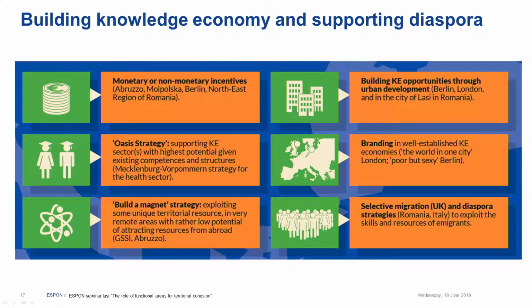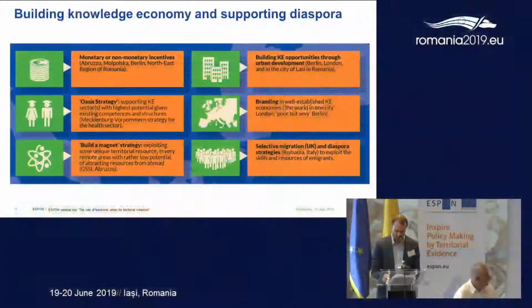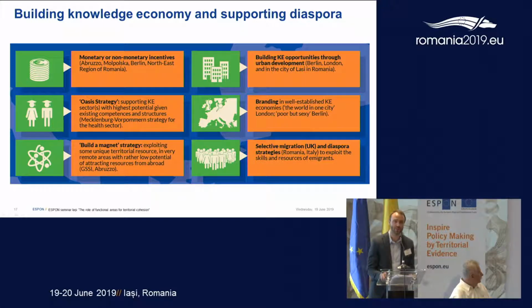Then also perhaps to build a magnet strategy, exploiting unique territorial resources and aspects which are not seen elsewhere. Then something quite straightforward, building knowledge economy opportunities through urban development, and also branding of regions and cities. And then there were also some suggestions for diaspora.